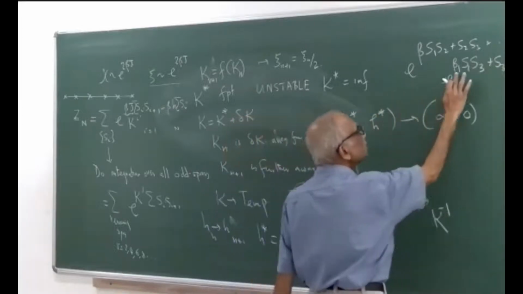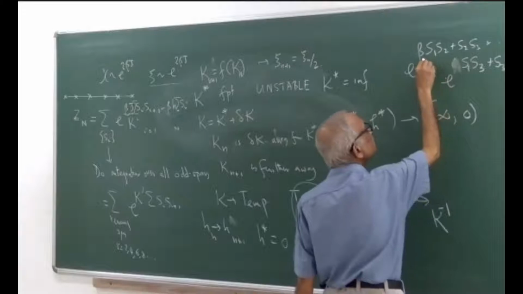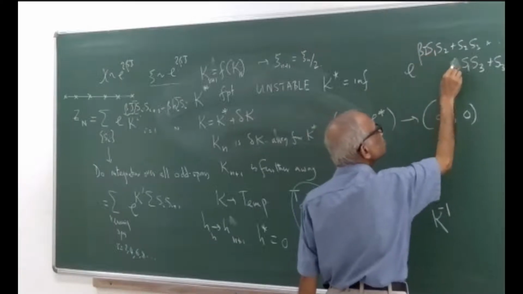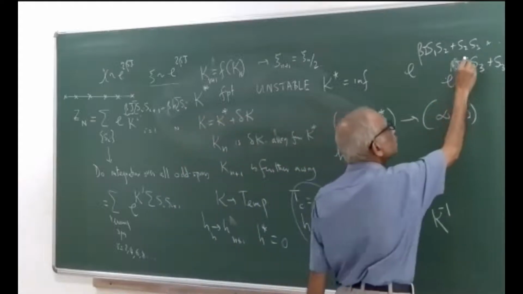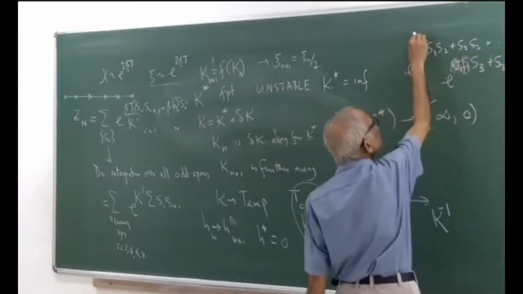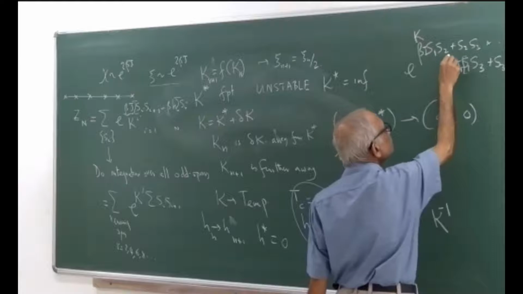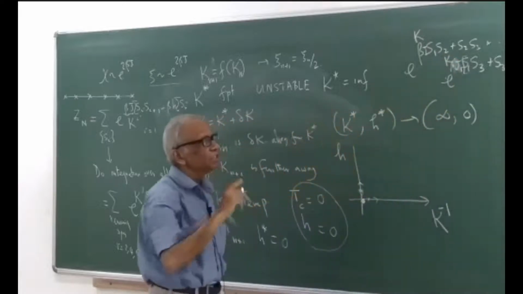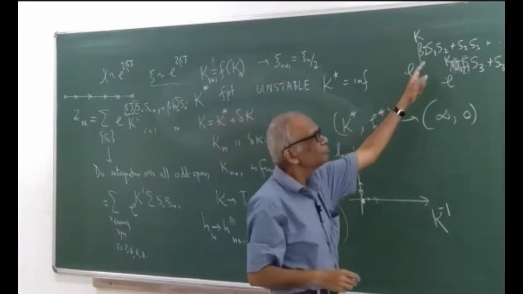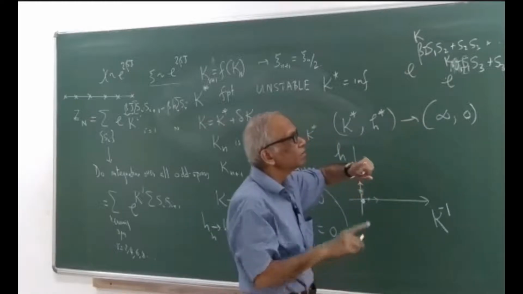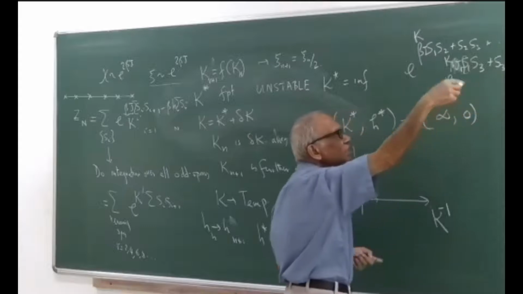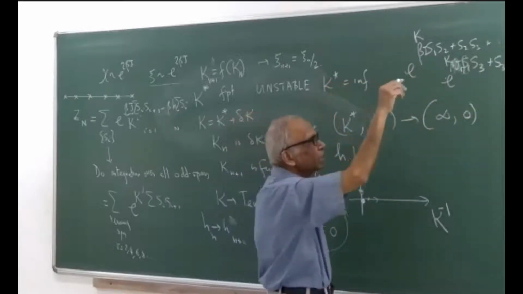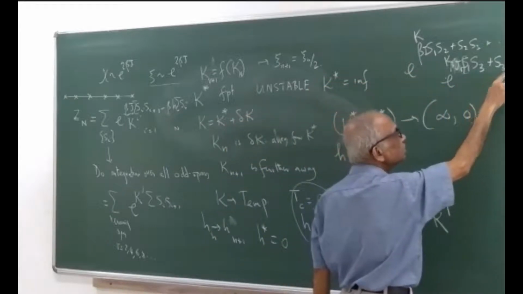So I call this K, I call this K1. And I do this tracing business, which removed S2, which got rid of S1, S3, all the odd ones. So S1 and S3 would be gone, this would be gone.